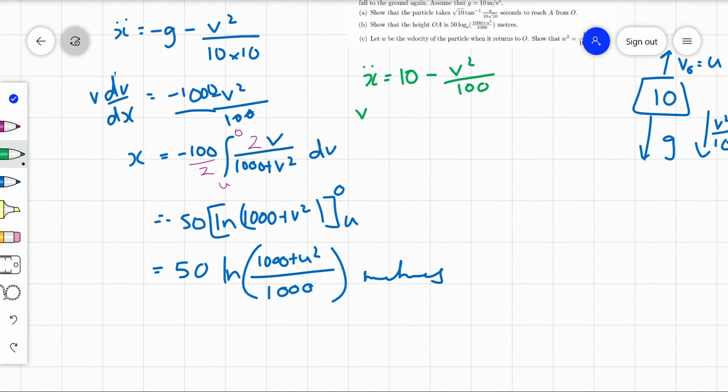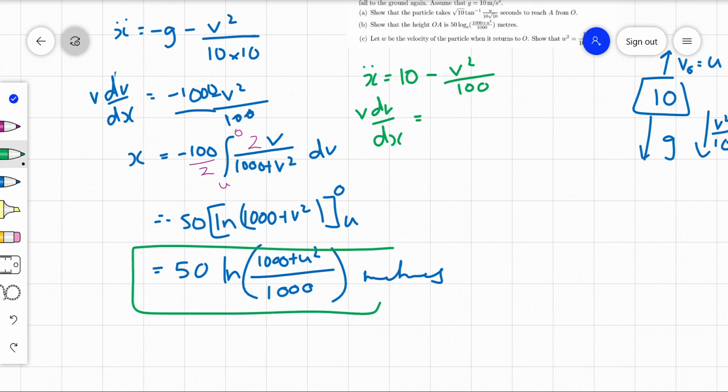Doesn't matter which direction we're going, that'll always be negative. All right, so if we go for v dv dx, because I'm interested in velocity, and I already know the displacement, even though it's coming the other way. So we have 1,000 minus v squared on 100. So I've got x equals, I'm going to put the 100 out the front. I've got v on 1,000 minus v squared, dv.